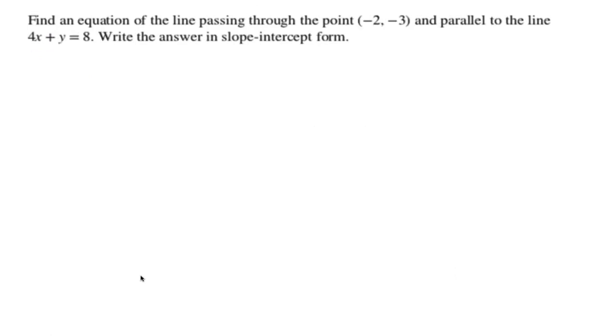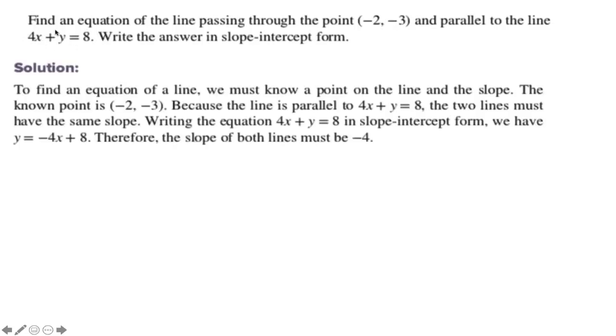Okay, let's find an equation of a line that passes through this point and is parallel to this line. We know the point, so we need the slope to get the line. One way to find the slope is to solve for the slope-intercept form of this line. If I do that, I can subtract 4x on both sides to get y is -4x plus 8. So the slope is -4. For this line to be parallel to that line, it must have the same slope.